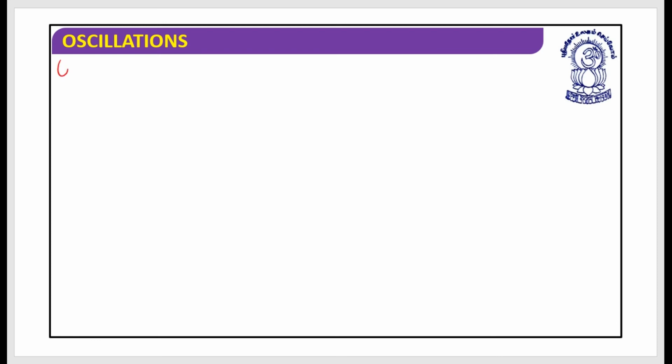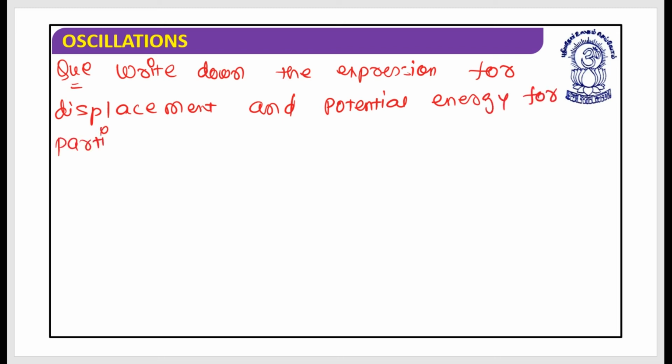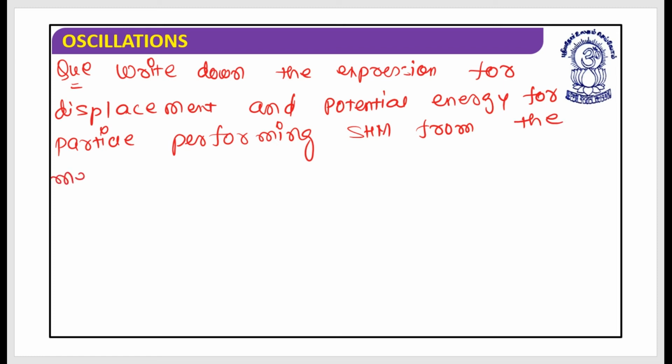Let's suppose the question says: write down the expressions for displacement and potential energy for a particle performing SHM from the mean position.